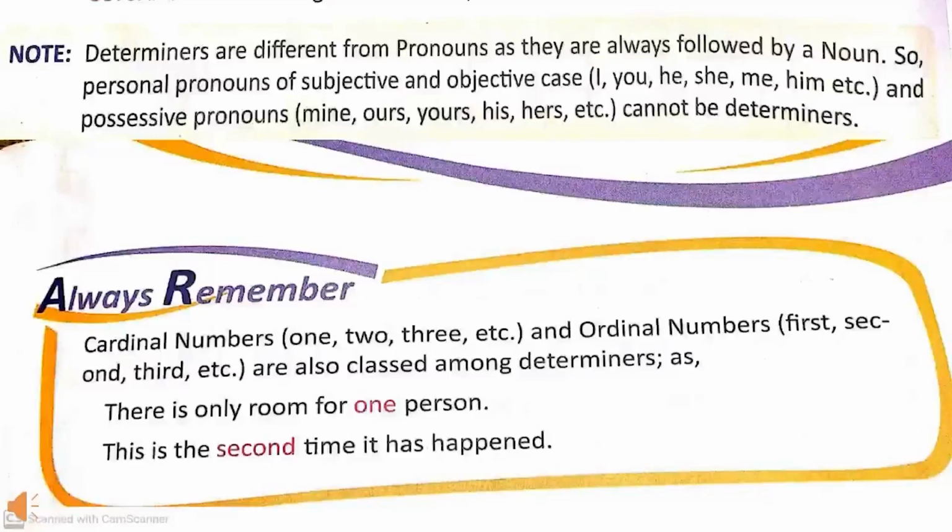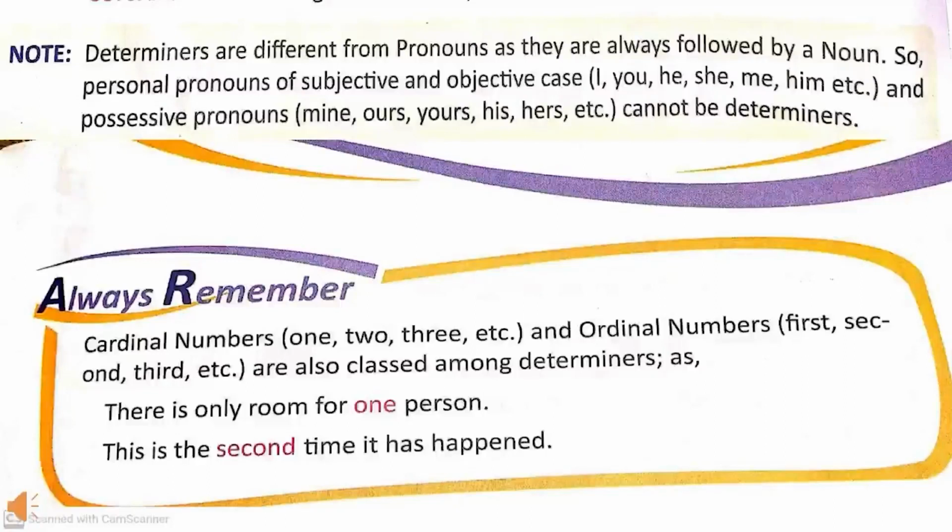Class, now some important points to remember. Students, remember that determiners are different from pronouns because determiners are used before a noun, or we can say determiners are always followed by a noun.